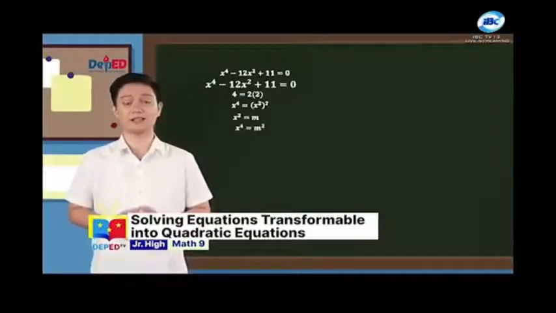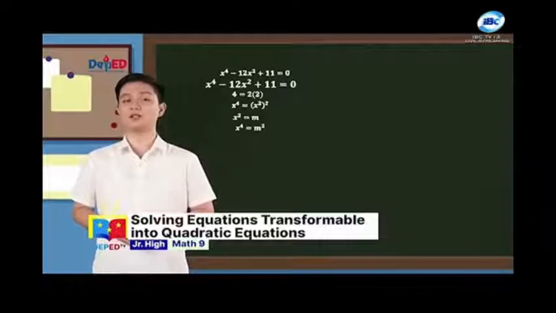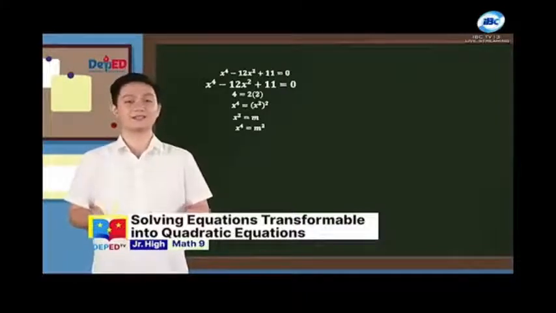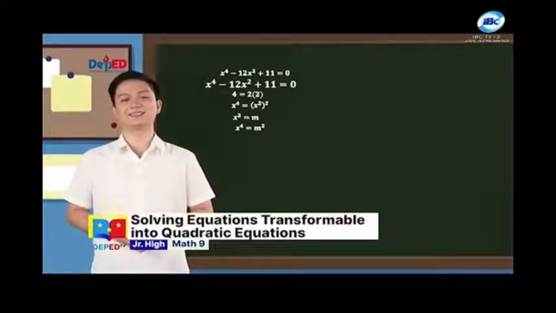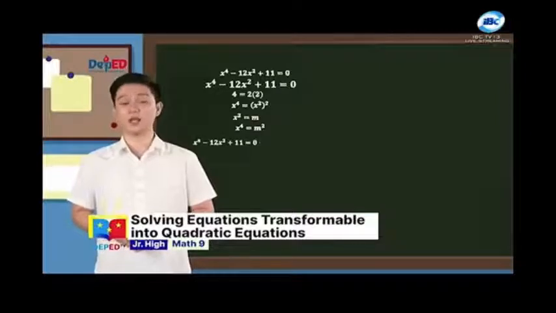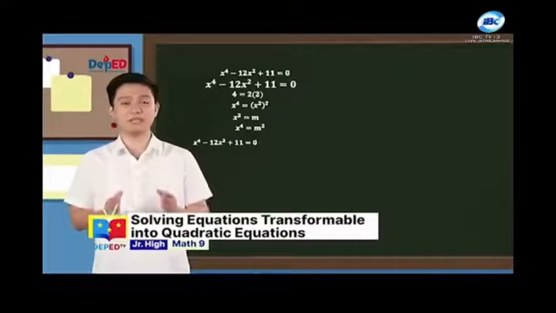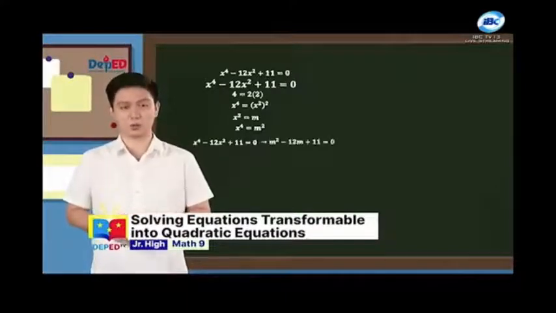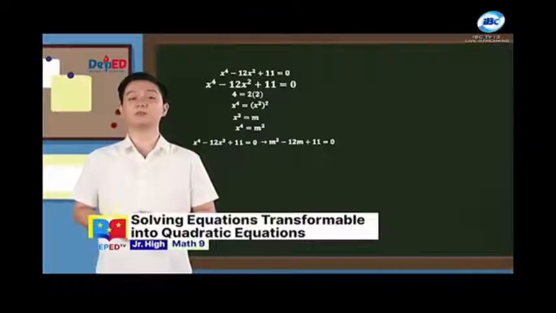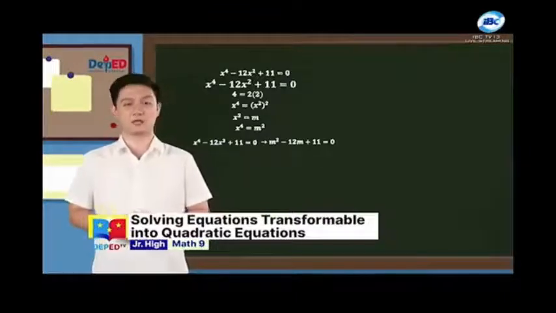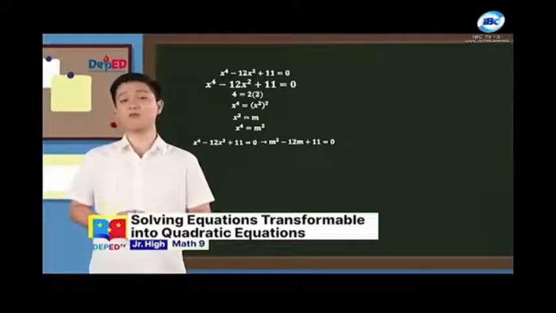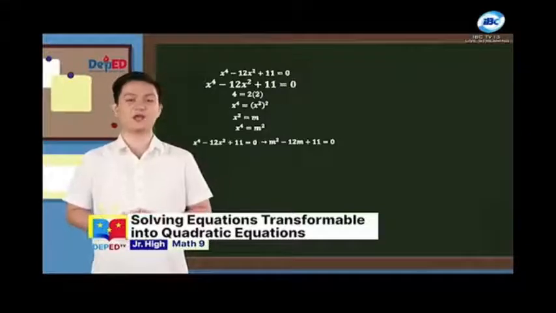It follows that x to the fourth power can be represented as m squared. Therefore, the equation x to the fourth minus 12x squared plus 11 equals 0 can be rewritten as m squared minus 12m plus 11 equals 0. It has been transformed into a quadratic equation.